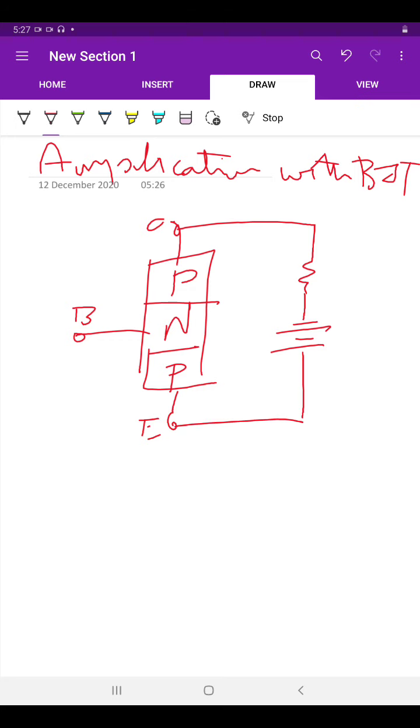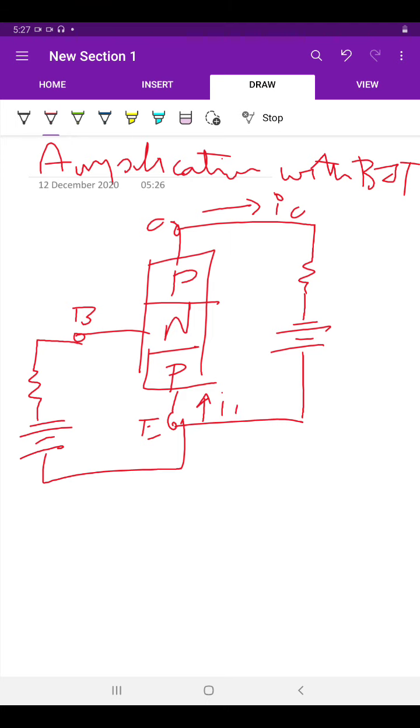Over here, and then this terminal is connected to a resistor and to a base to emitter voltage source. So this is connected to this. Then we have the current IC flowing from the collector terminal, and then we have the current IE.